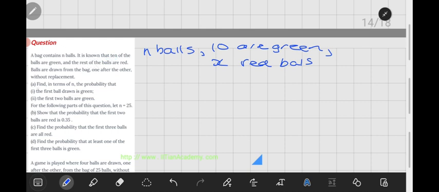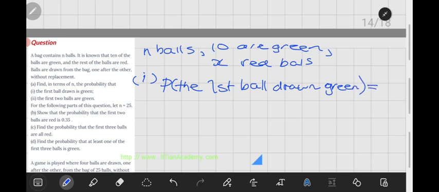So for A, we're asked to find, in terms of n, the probability that, first off, question I, the first ball drawn is green. So for this probability question, we're asked to find the probability that the first ball drawn is green.